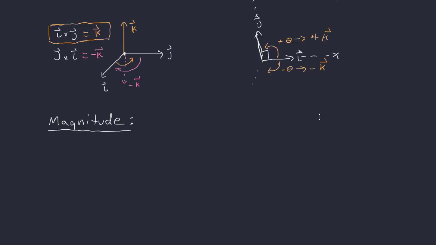All right, so before we start talking about the magnitude, if we think about j cross k, we think about it in terms of the right-hand rule, our thumb should be pointing towards I, because if we want to curl our fingers around to go from j to k, it's going to be pointing towards the positive I. Okay, then if we want to do k cross I, right, so we're going from k down to I, well, if we're using the right-hand rule, our thumb should be pointing towards j, because if I want to naturally curl my fingers around using my right hand always, my thumb will be pointing to j.